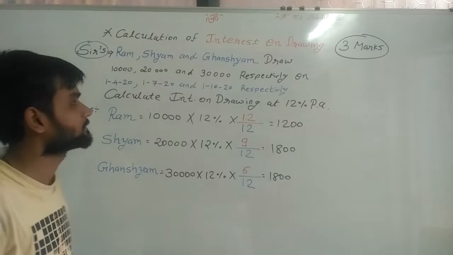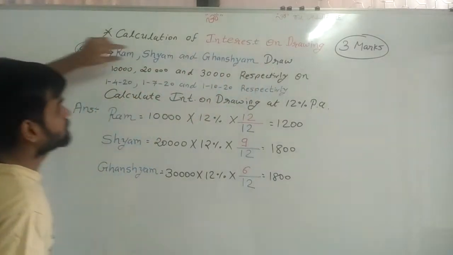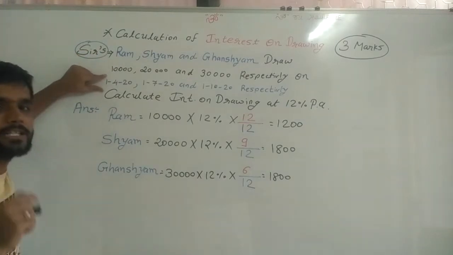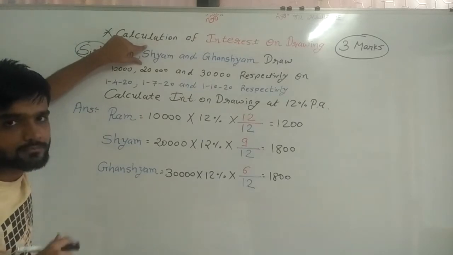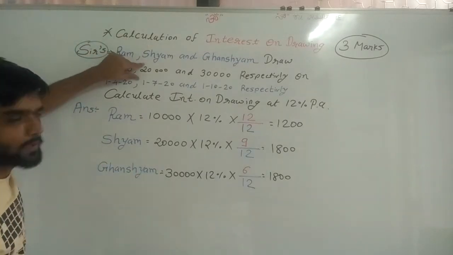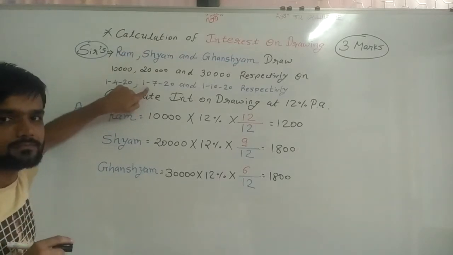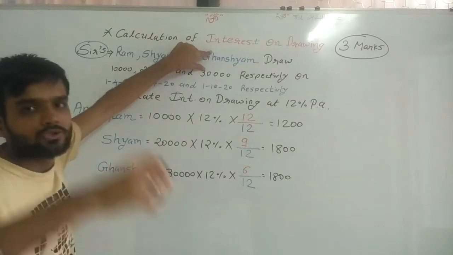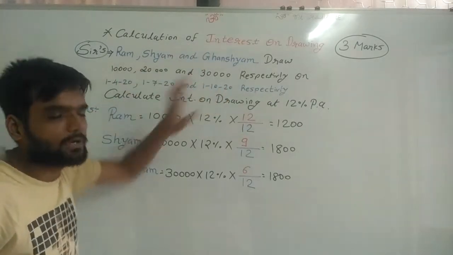It means Ram draws 10,000 on 1/4/20, Shyam draws 20,000 on 1/7/20, and Ghanshyam draws 30,000 on 1/10/20.